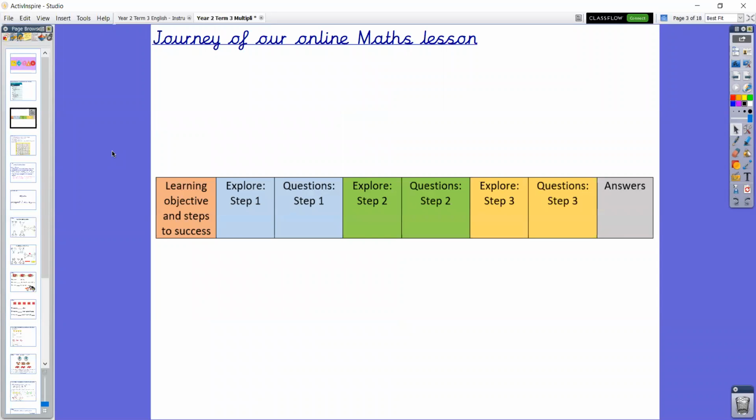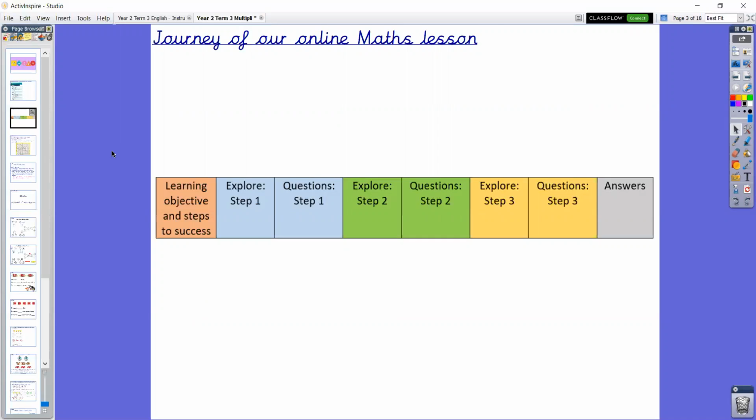When thinking about what a maths lesson looks like online, we've tried to mirror this as close as possible to what it would look like in the classroom. So to start with, the children will begin by writing the date and learning objective in their maths book, which you have at home, and then I will share the steps to success. They're the steps that the children will follow to be able to achieve the learning objective. In the classroom, we would normally have the explore part of the lesson together on the carpet.